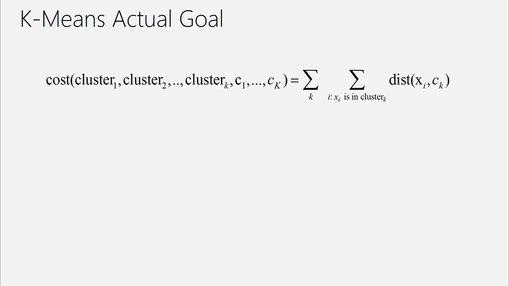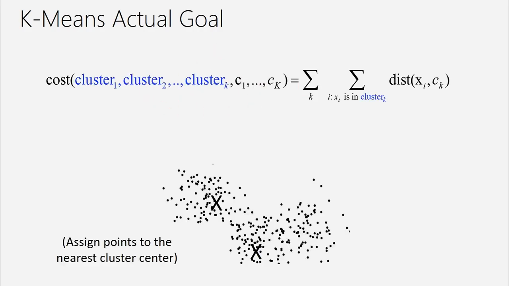Okay, so this is a cost function of both the cluster assignments, so who's assigned to what cluster, and what we're going to use as the reference points for the clusters. And we want to be able to change these things around independently of each other and evaluate the cost. So let's just look at this cost as if it's a function of the cluster assignments only.